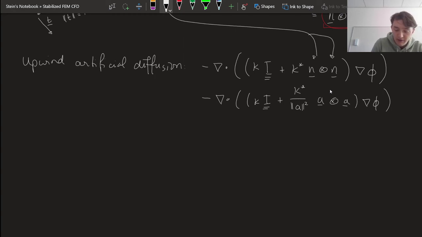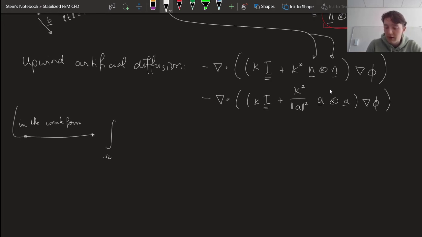And in the end, what we get in the weak form is an integral over our domain of our diffusion tensor acting on the gradient of phi dotted with the gradient of w, our test function.